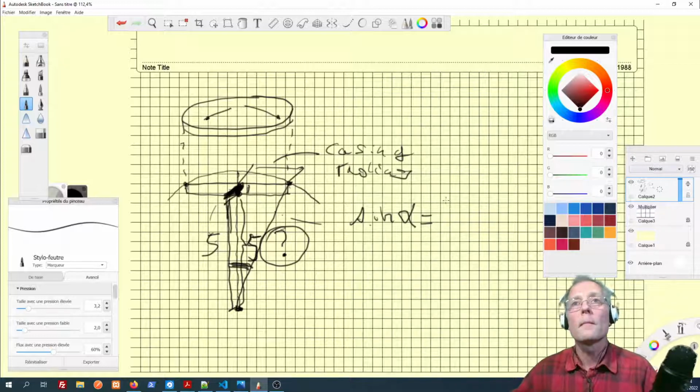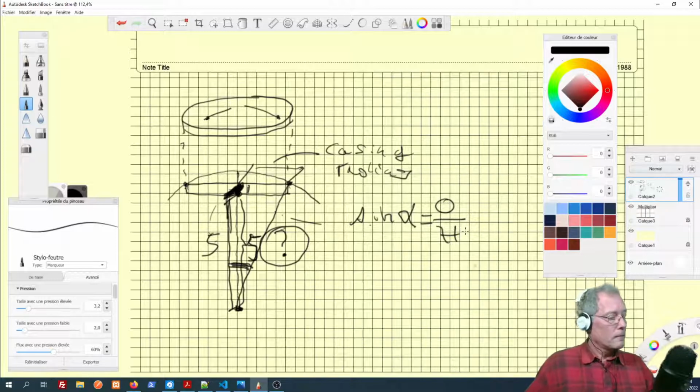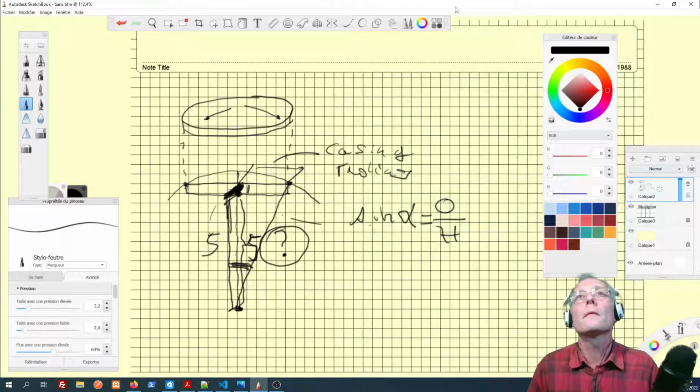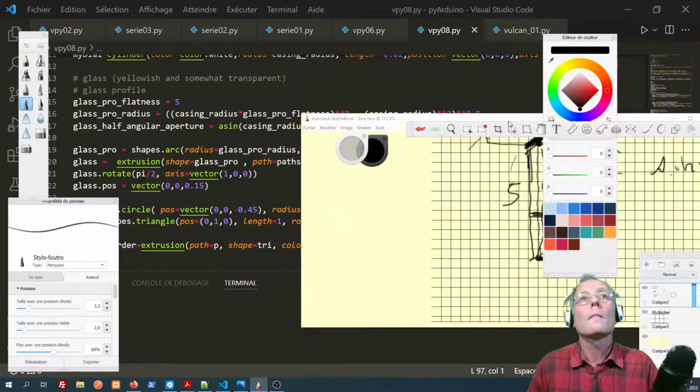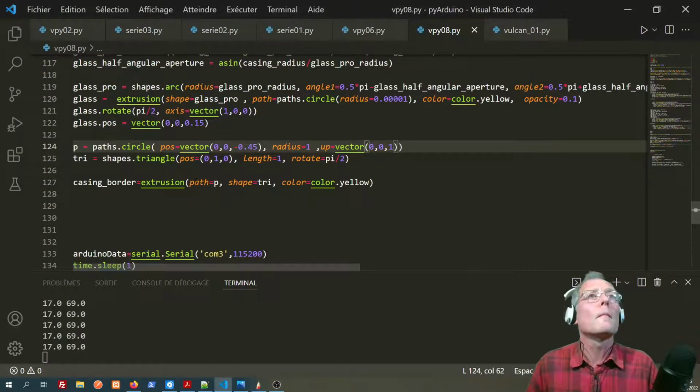The opposite over hypotenuse. Okay, and that will allow us to compute this.